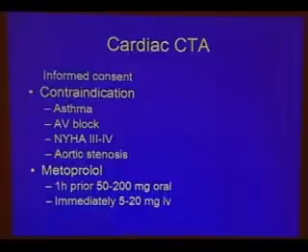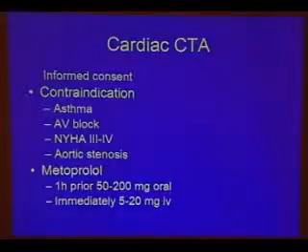Now, there are several contraindications to the procedure. One of them is, for example, asthma. People who have asthma might have a little bit of a problem during the procedure, because sometimes the heart rate needs to be controlled in order for us to take these pictures, which take less than 15 seconds.